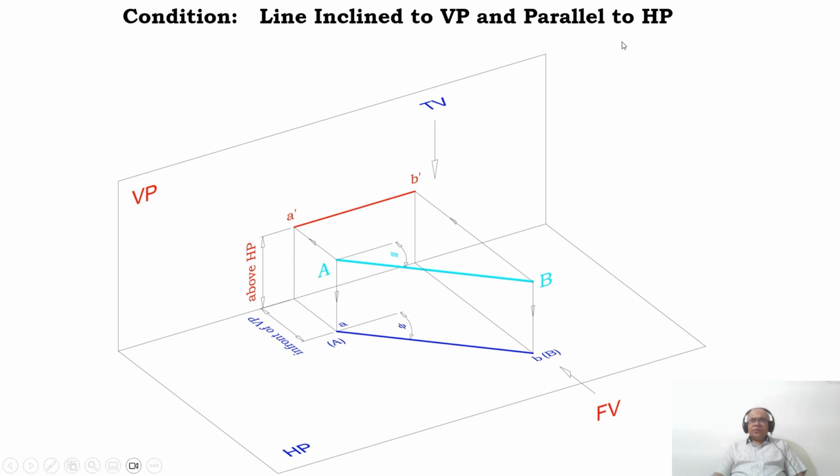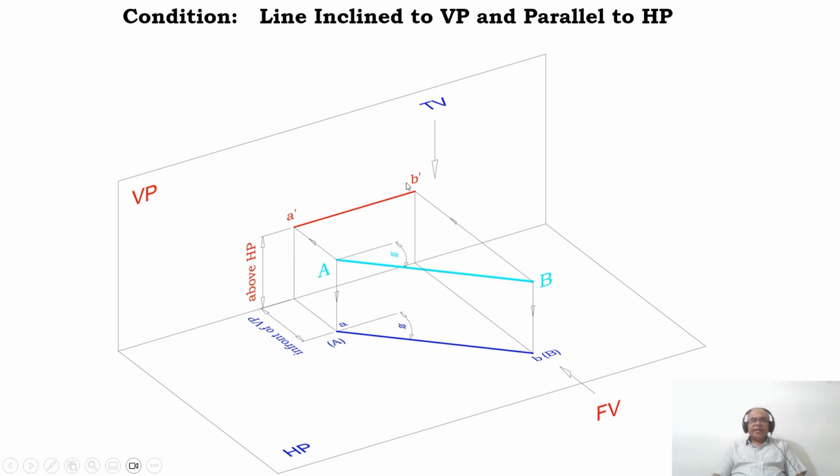Since it is parallel to HP. Now since it is inclined to VP, that is with respect to this vertical, inclined to VP, what happens in VP, you will get the apparent length. So since the image is on VP now, I have to look from the front view.